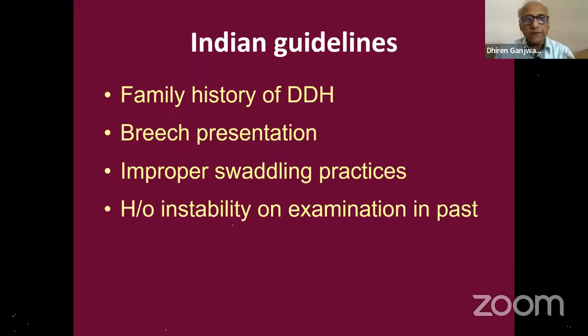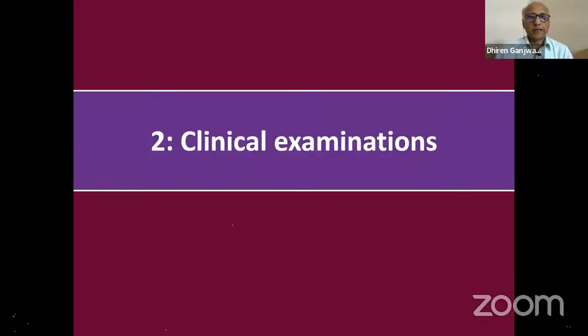And the fourth one is, if there is a history of instability on examination in the past, meaning at the time of birth, that's also considered a risk factor. But we have removed a lot of other factors like torticollis, metatarsus adductus, oligohydramnios from the category. And these are only four factors which are considered risk factors.